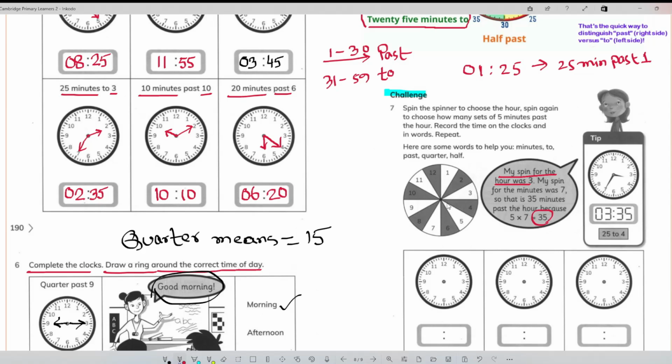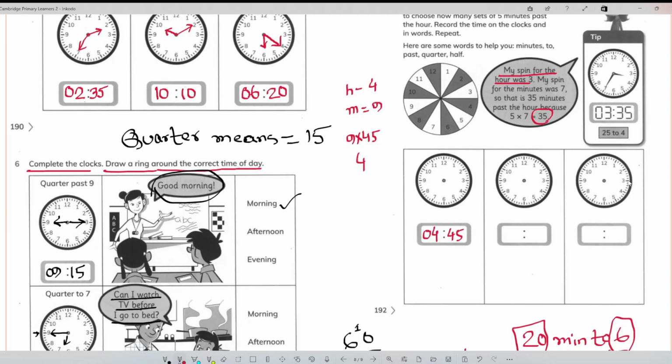We are spinning, hope it will become hour 4, and the minute is showing 9. Okay, so what does it mean? 9 means 45, and the hour is 4. So we can write 04:45.